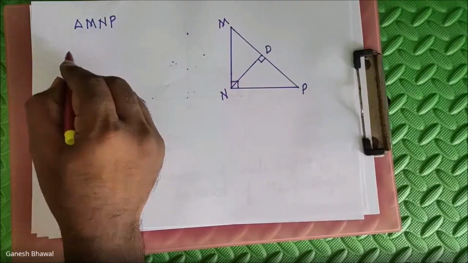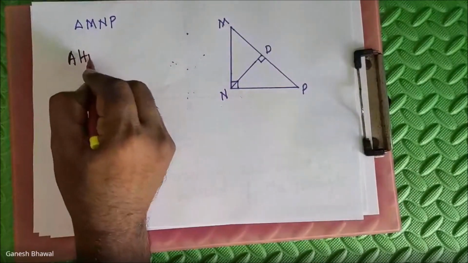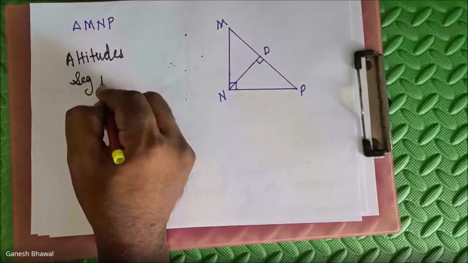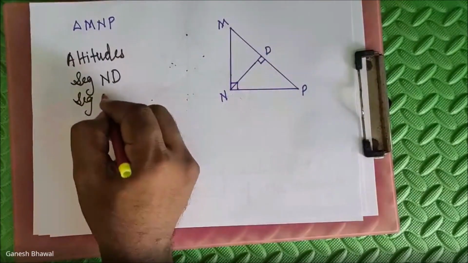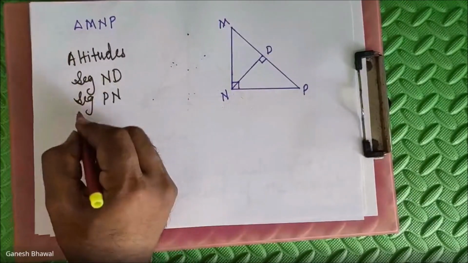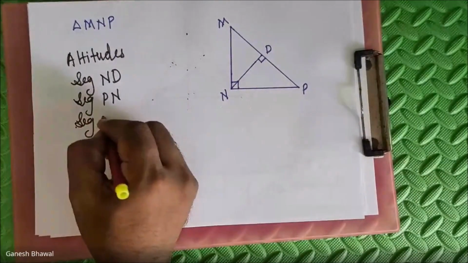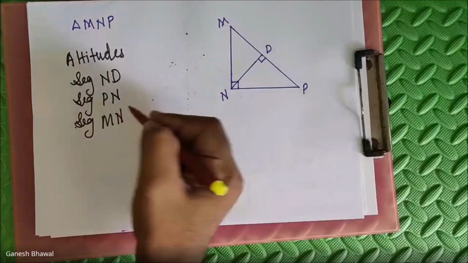This point is for the acute angle triangle. I will write the altitudes: segment ND, segment PN, segment MN.